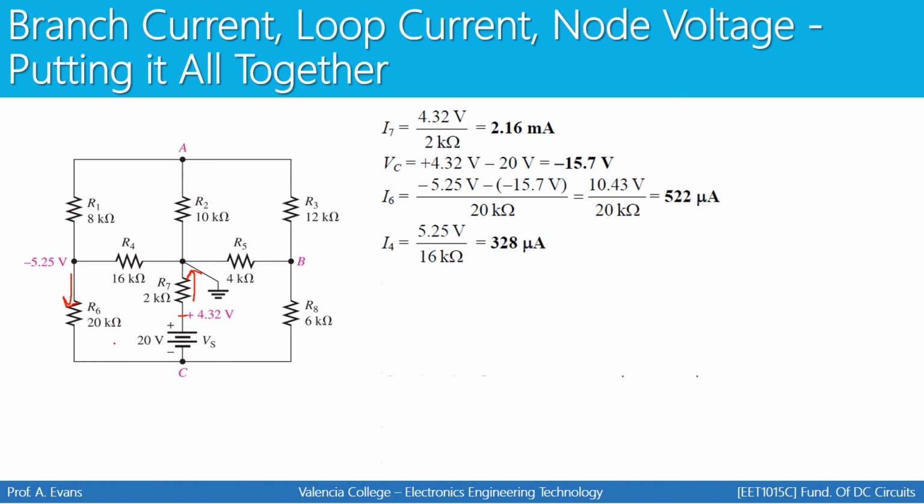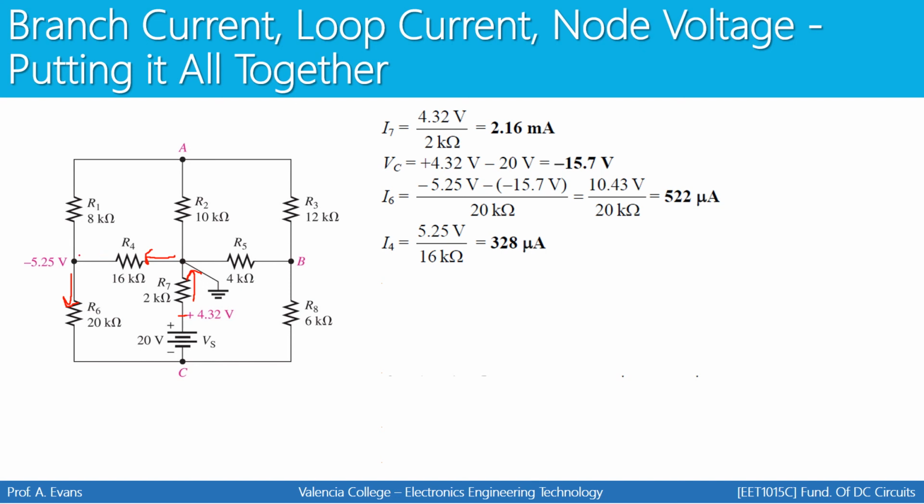Next, we can find I4. We can find I4 by again making an assumption. We're going to make the assumption that current flows this way. If we do a voltage drop from here to here, that would be 0 minus negative 5.25, making that positive 5.25, divided by the resistance along this path.